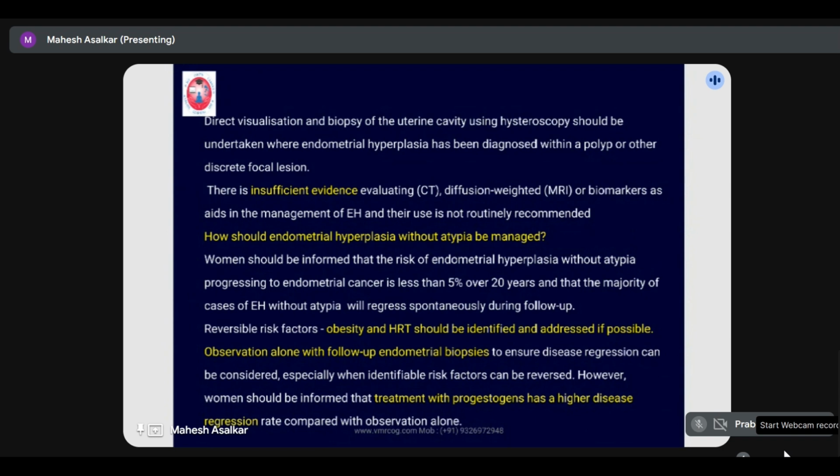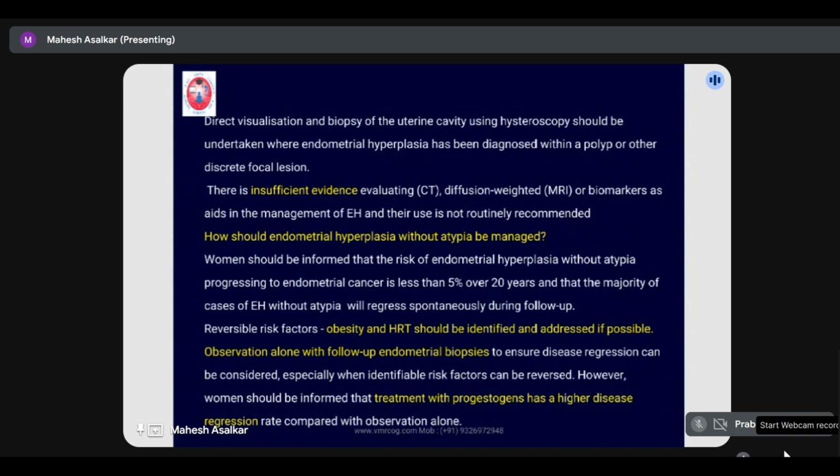There is insufficient evidence for CT or MRI or other biomarkers in the management of endometrial hyperplasia, and their use is not routinely recommended. So CT and MRI for endometrial hyperplasia is not indicated. So what is indicated? What we have seen: OPD basis endometrial sampling.